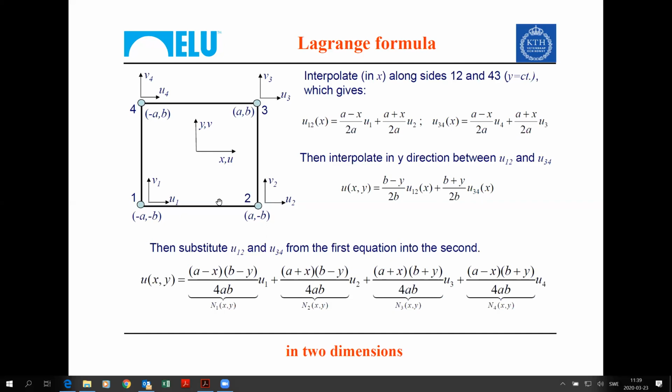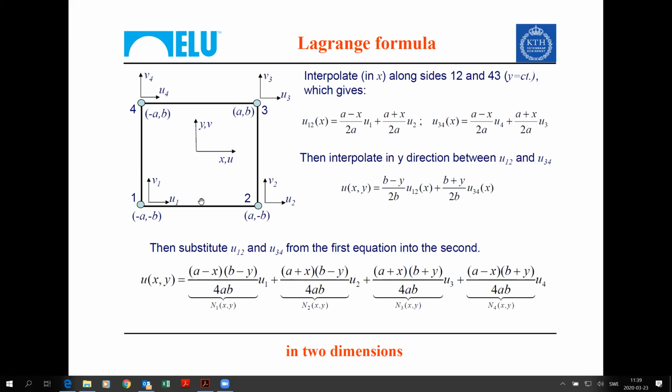We could do it, say, taking N1, the interpolation function corresponding to u1, and saying N1 needs to be 1 at node 1 and needs to be 0 at nodes 2, 3, and 4. And from that, we can determine the 4 constants involved in the form functions. Or we can do it like this.